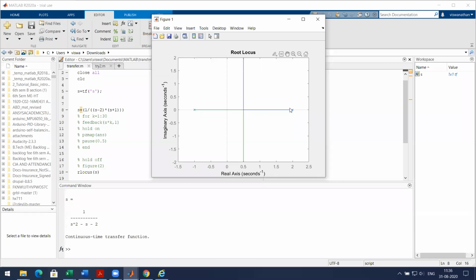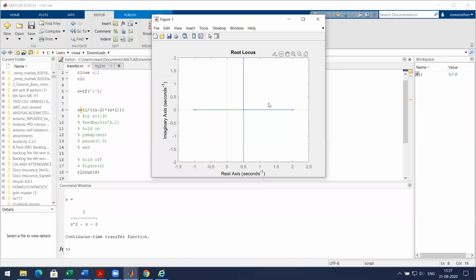Even if I change the gain, the pole is always positive. For whatever value of k I go, I will not be able to change that pole sign to negative. So this will never become stable.